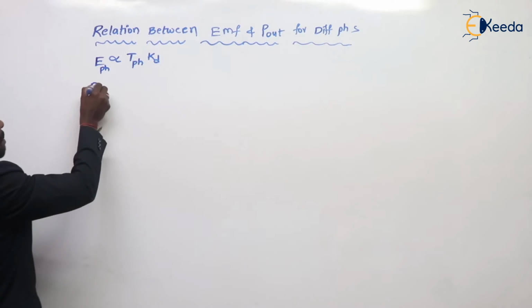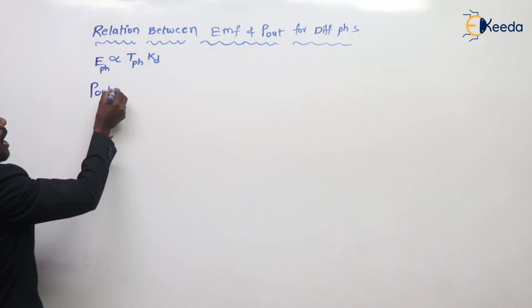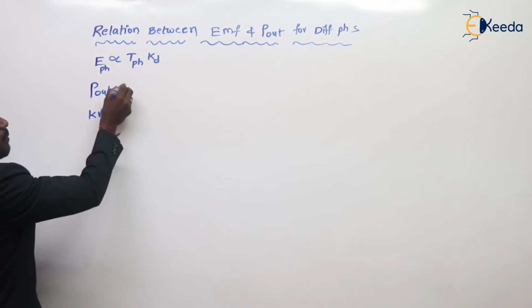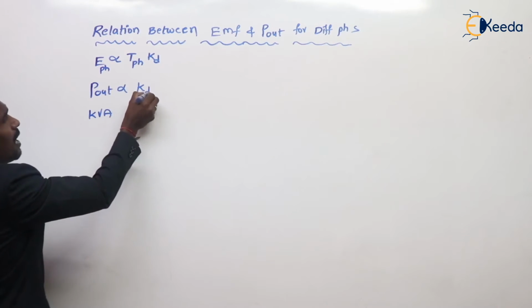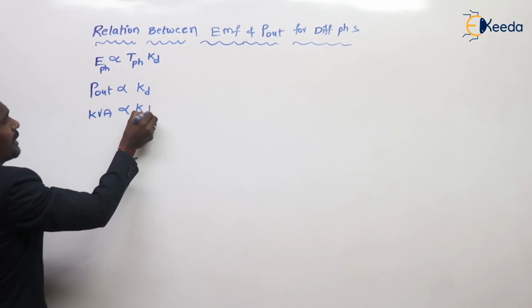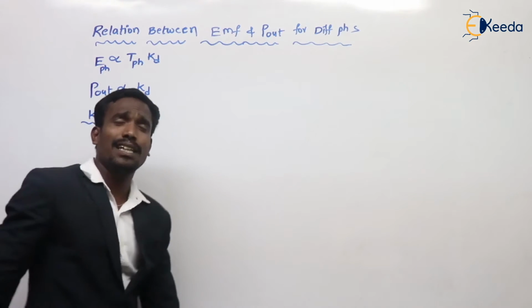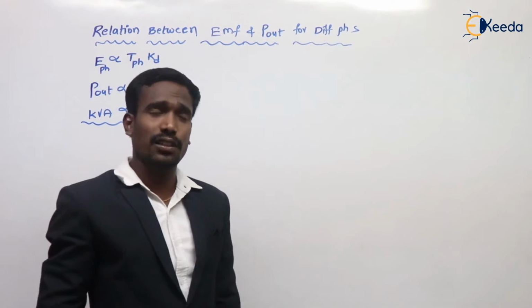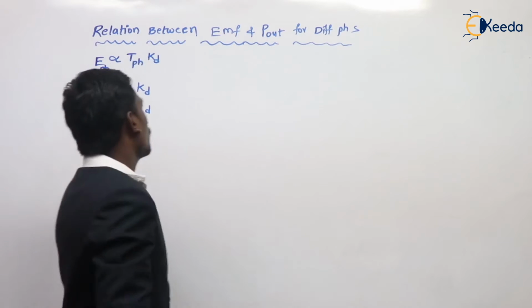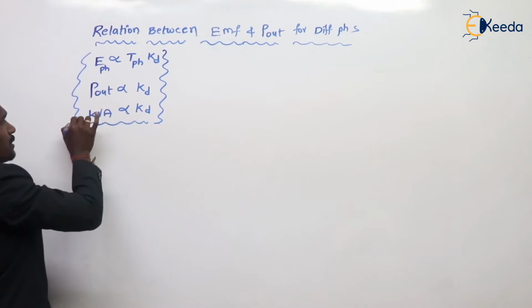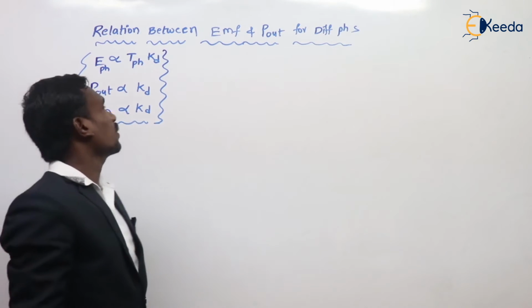The power output, or KVA rating, both are the same, depends especially on the KD distribution factor. Based on this, they ask questions in our examination, so these are very important.